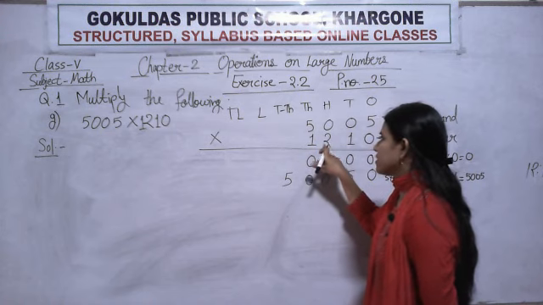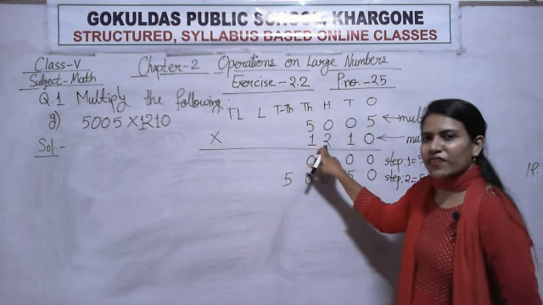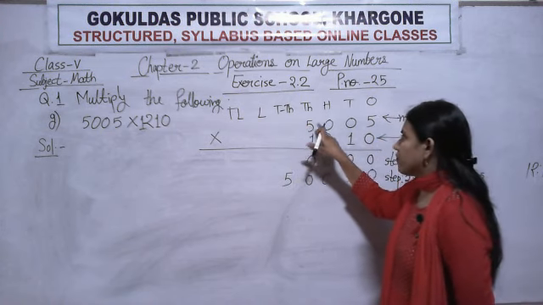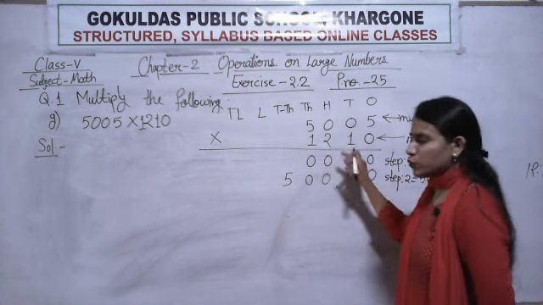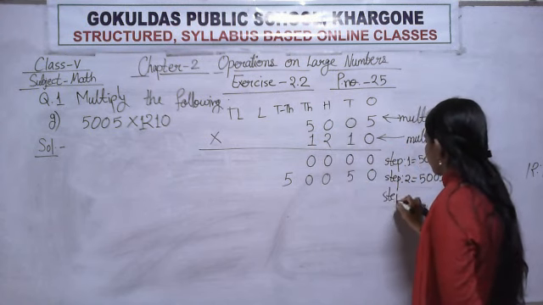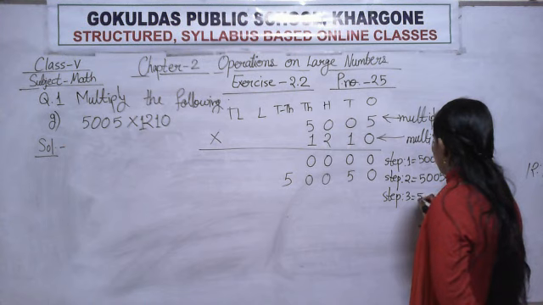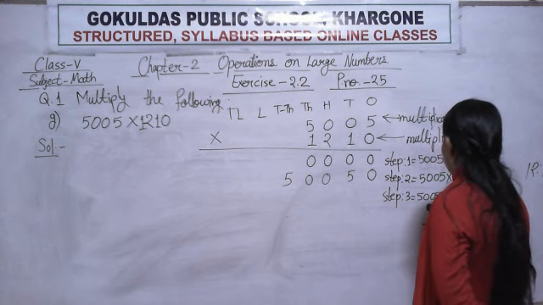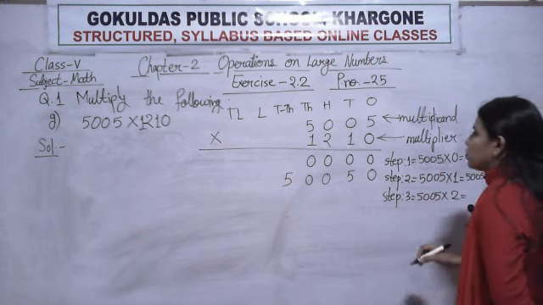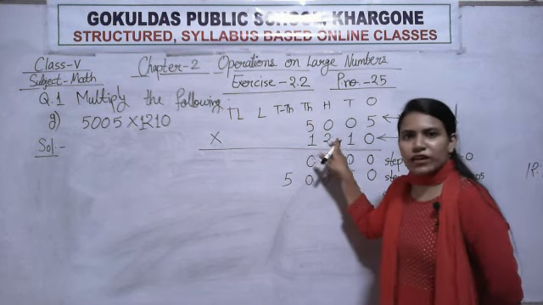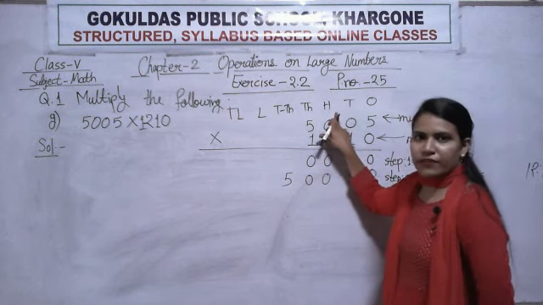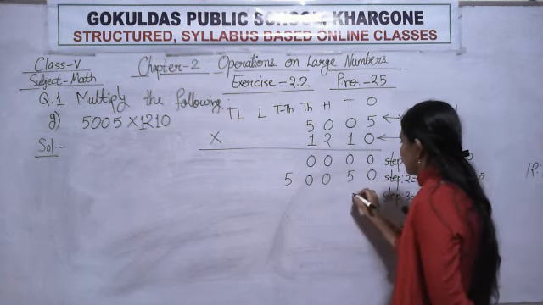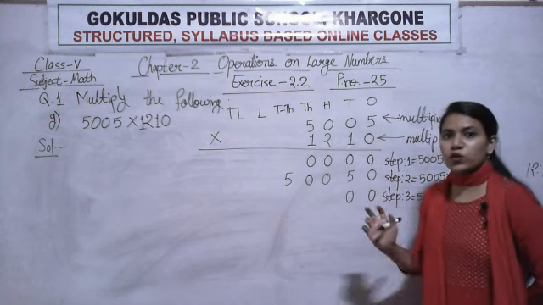Now move to the third step. In the third step what we will do? We will multiply 5005 by 2. As you first observe that 2 is at hundreds place, so you will put 2 zeros.